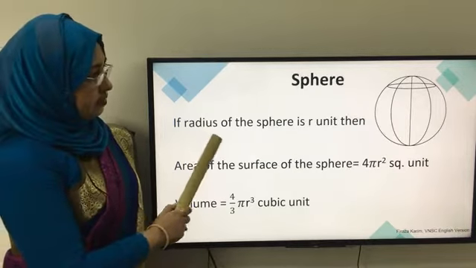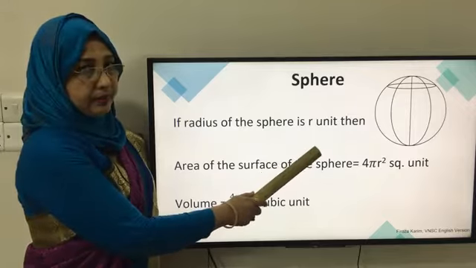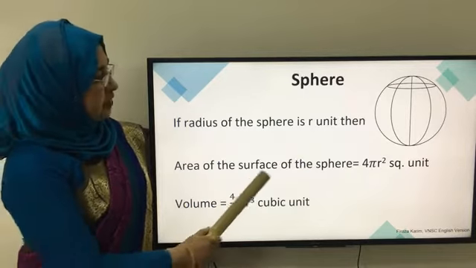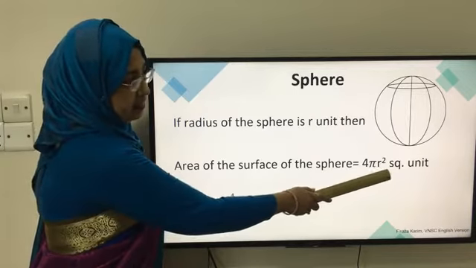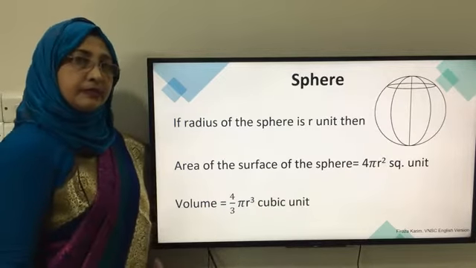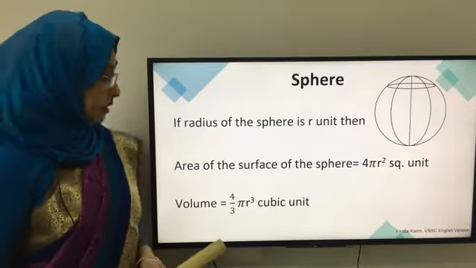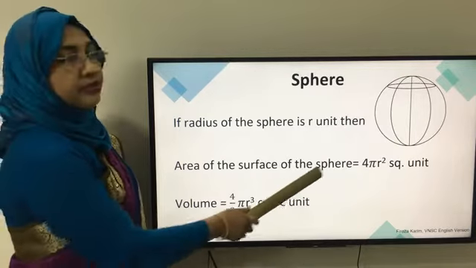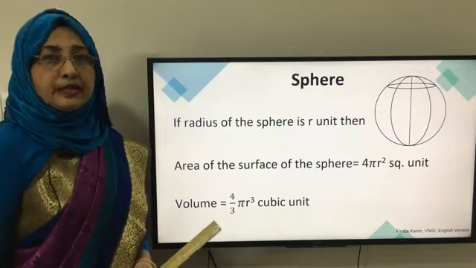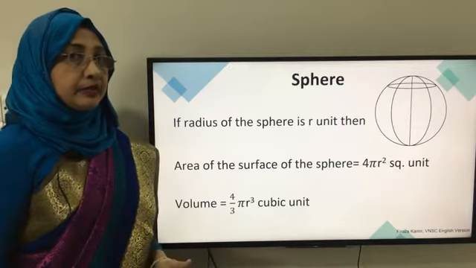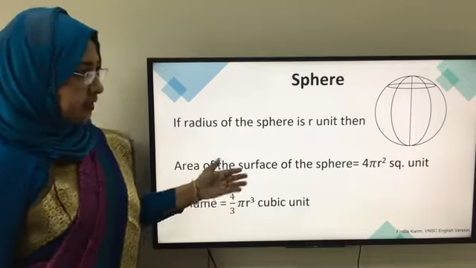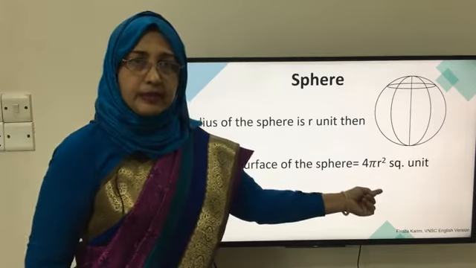If the radius of the sphere is r unit, then the area of the surface of the sphere will be 4 pi r square unit. Yes, tell me what? Area of the surface of the sphere will be 4 pi r square. Do you remember the area of a circle? Yes, pi r square. And in case of a sphere, the area will be 4 pi r square.